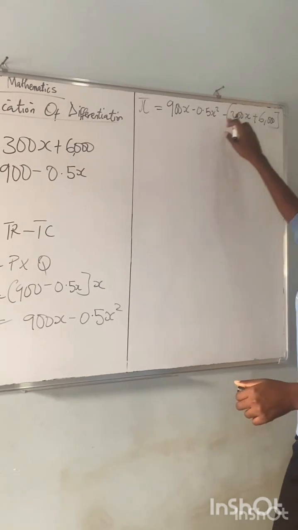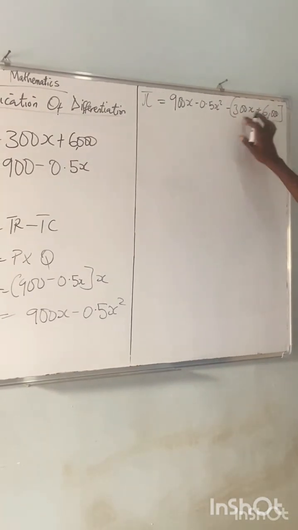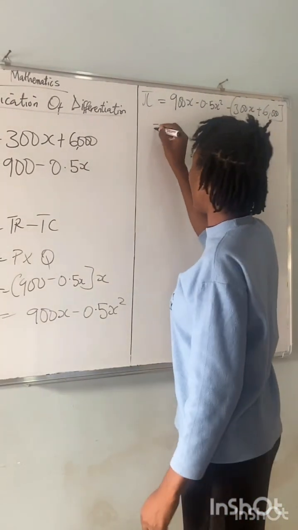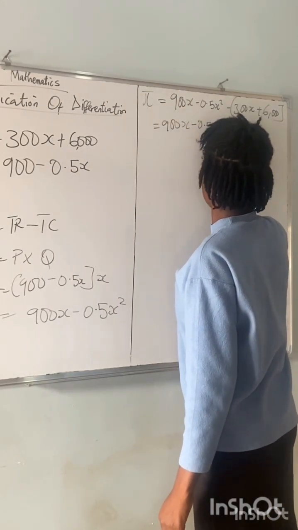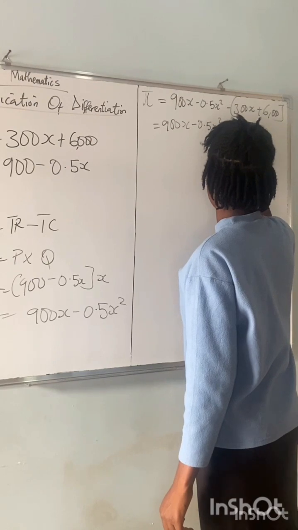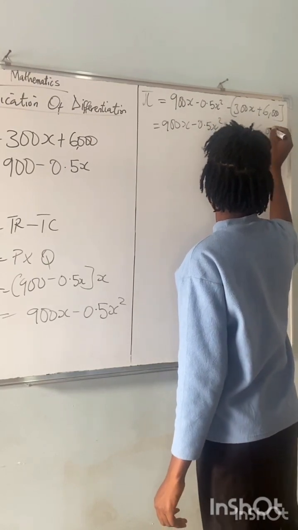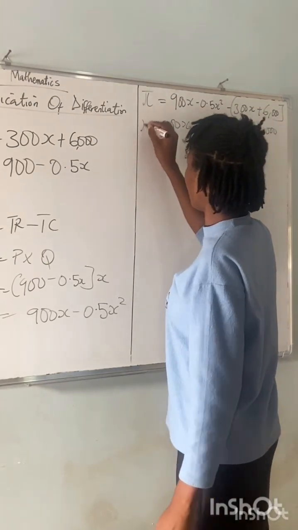Because of the minus, I'm bringing in the bracket. When we expand for the minus, we have an all-round minus: -300x - 6,000. This is our profit value.